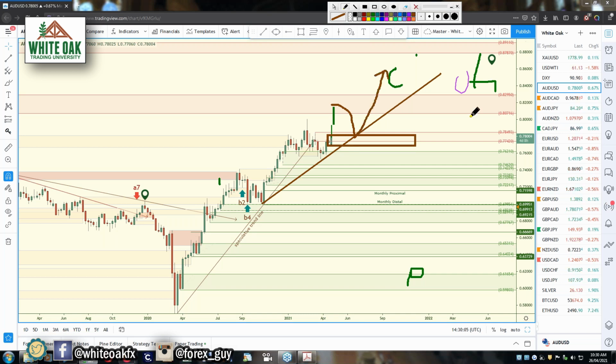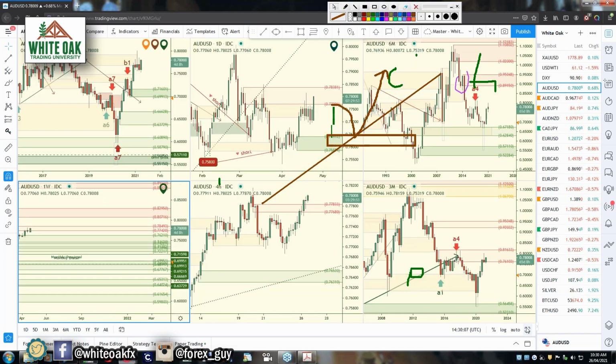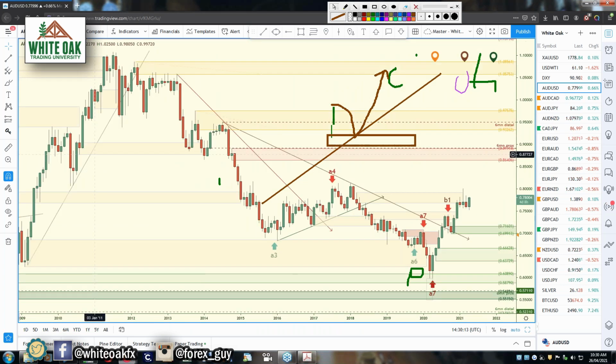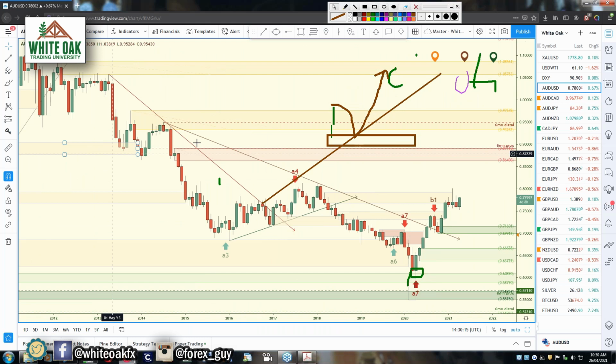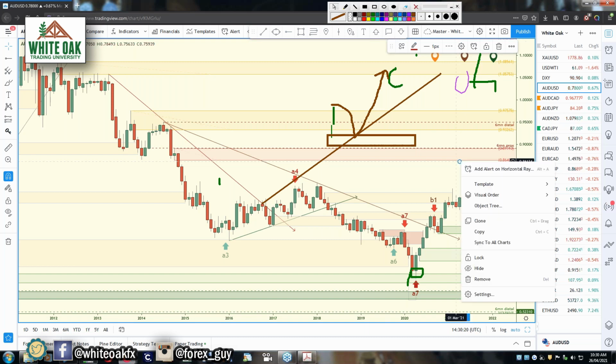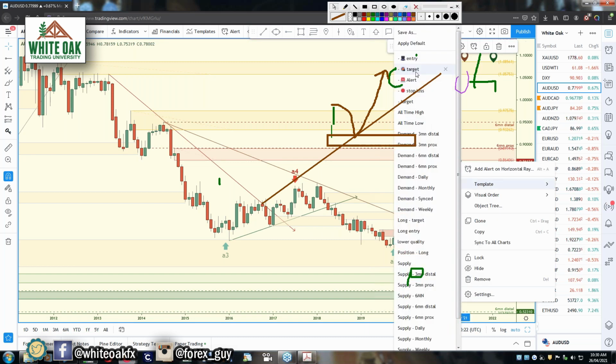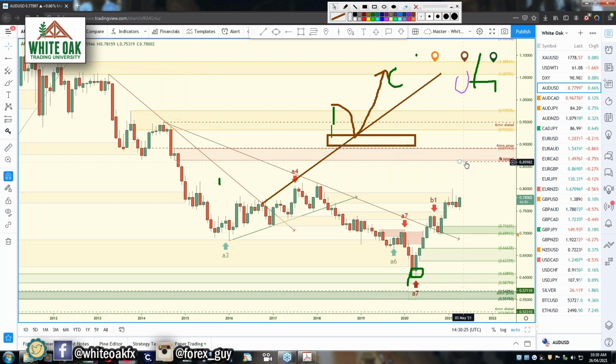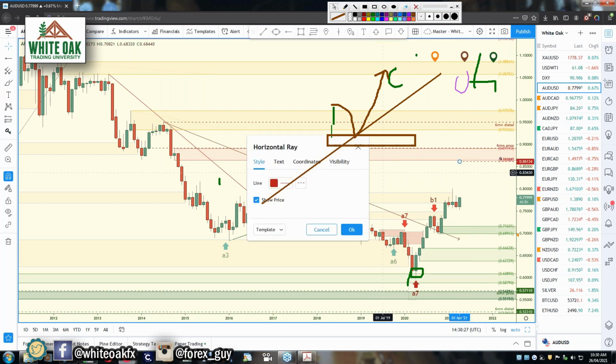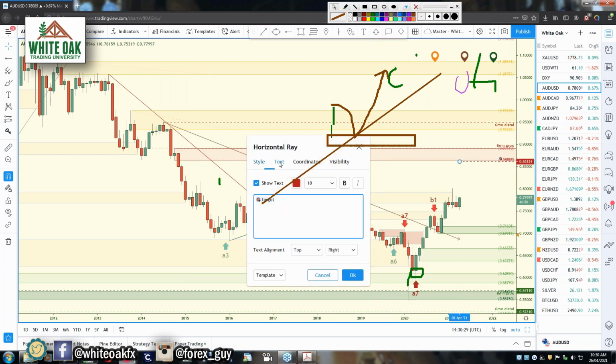So upward targets, let's look at the monthly. Upward targets would be right here. That supply removal, the 6 month one, that's my upside target, 86.13.